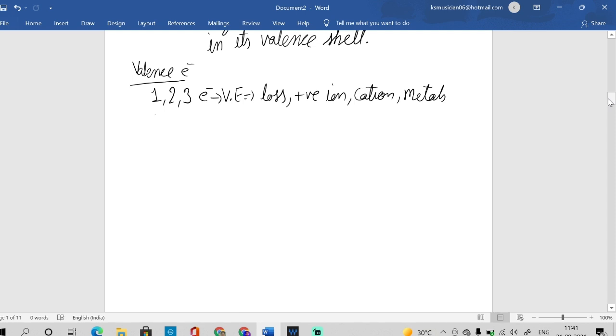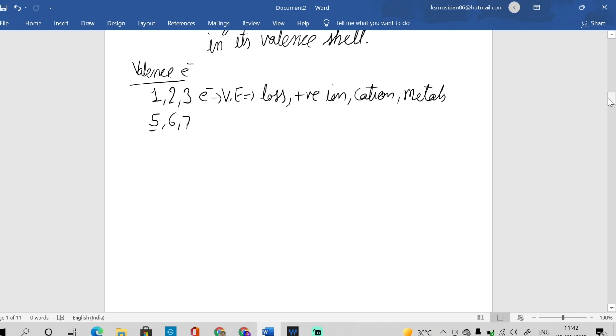Okay, and if there are 5, 6 or 7 electrons in the valence shell, say the element has 5 electrons, then to complete the octet, meaning 8 electrons in the valence shell, it will gain 3 electrons; then it will be 5 plus 3, which is 8. So the 3 electrons gained by the element are known as its valency.